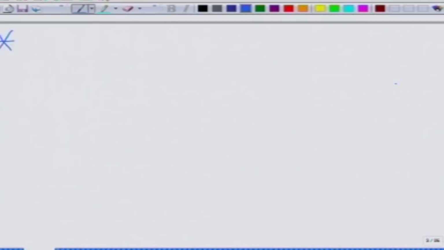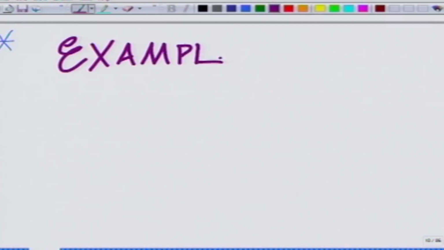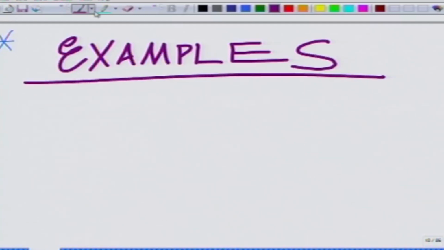And now today let us continue our discussion of various other examples for signals and systems, based on the concepts that we have covered so far.